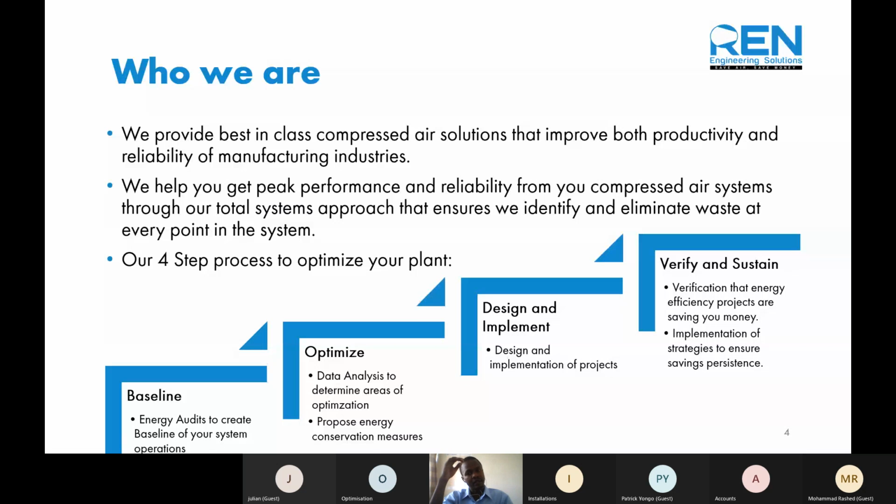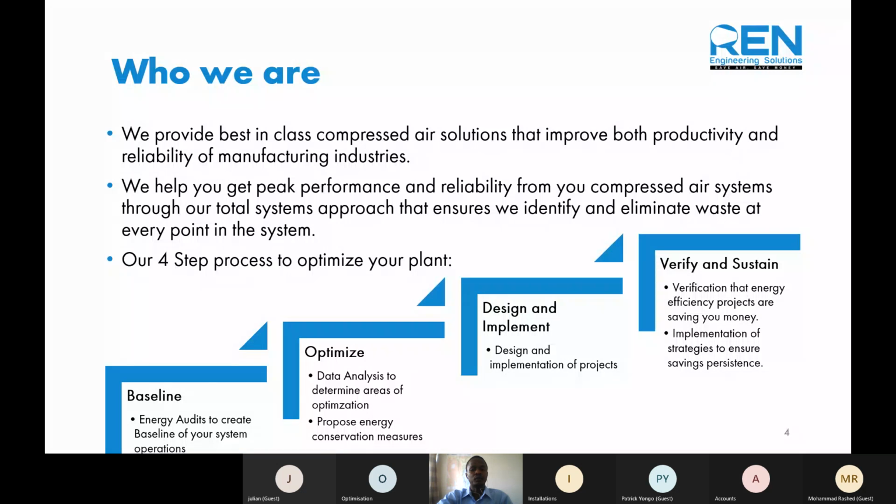After auditing, where we are able to get data on how your system is doing, we analyze this data to determine areas where you can improve. In the third step, we turn our recommendations into reality through design and implementation.